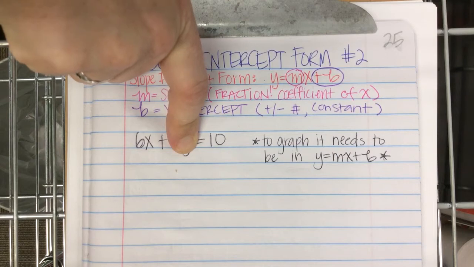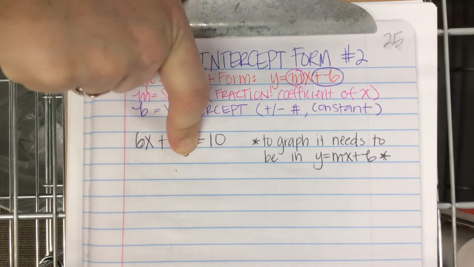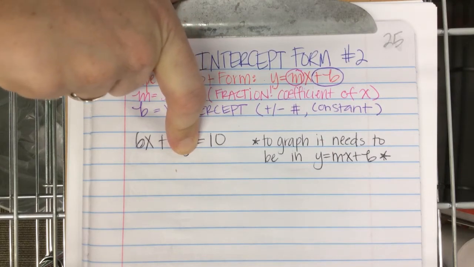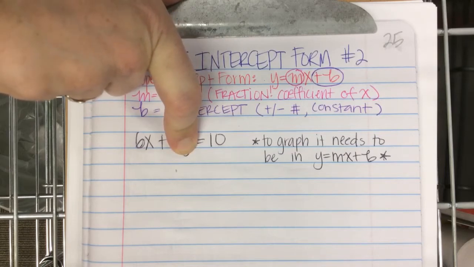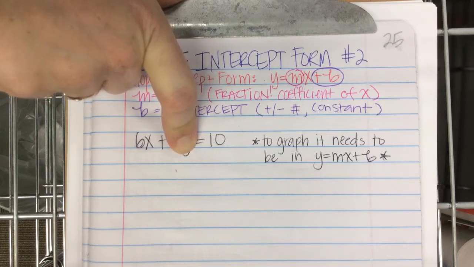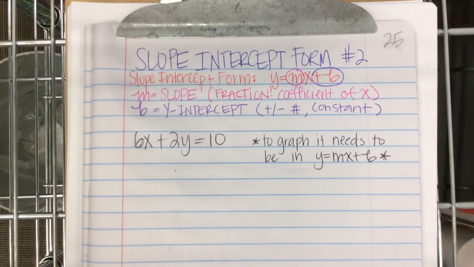What's your x value? 6 times what equals 10? It's a decimal, right? I don't know. So I really don't want to graph this using intercepts because it's got these decimals in them that I don't want to have to do.